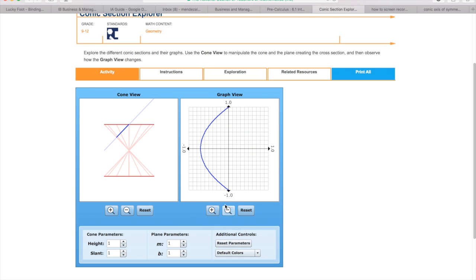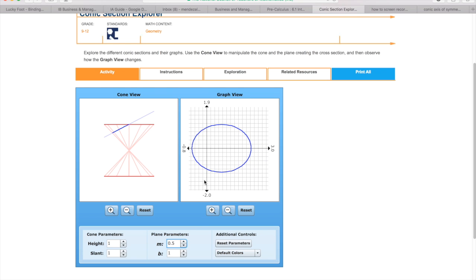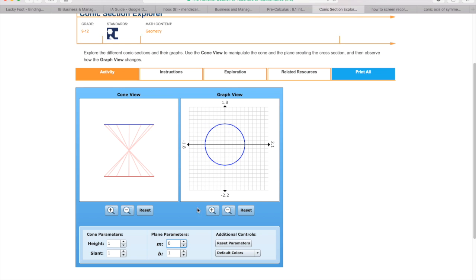Let's reset parameters. Let's start with m. So m is decreasing. Zoom out a bit. Look at this. We have a parabola. Start decreasing, decreasing. We got 0, which we already know is a circle. And again, it's becoming a parabola.